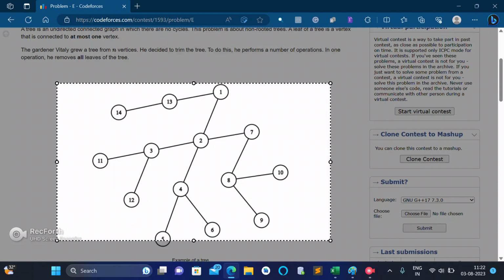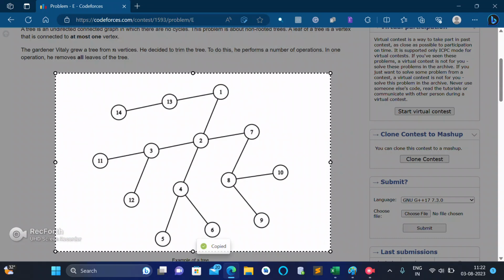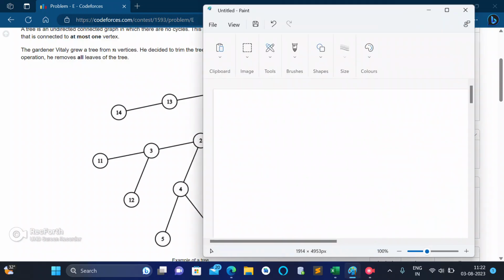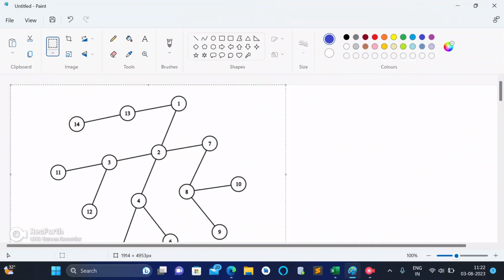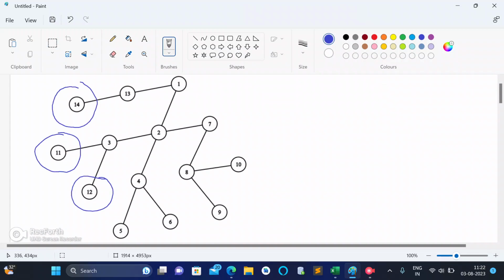Let's understand this with the help of this example. In this example, the tree is non-rooted, and the leaves are 14, 11, 12, 5, 6, 9 and 10.